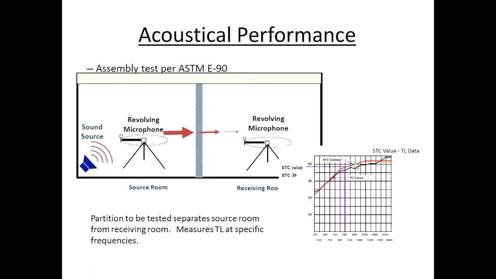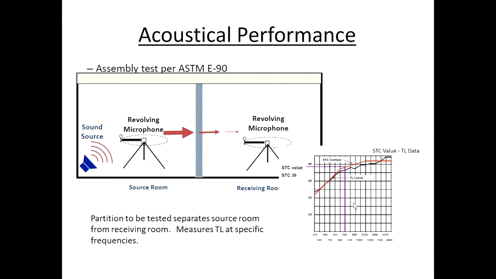And that red line, I graphically move up or down until I have a specific amount of points below that red line. Once I've established a location for the red line, I simply look at 500 cycles per second, draw a line up, and where that line hits the red line, so I'm looking at the purple line where it hits the red line, that is my STC, which in this case is a 39.